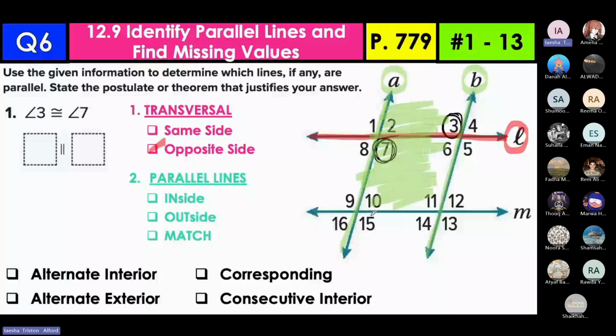Inside. So what's the name? Alternate interior. Done. So you say that A and B is the parallel, and the reason is alternate interior. That's it.